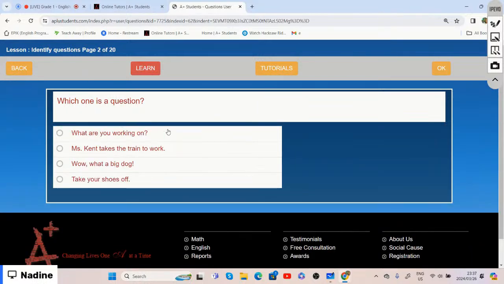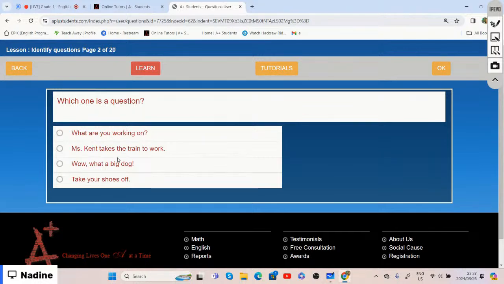All right, we now need to say which one is a question. Yes, so well done, Xavier. That is correct, When did Tess go to Boston? Now we're going to the next one. The first one says, what are you working on? The second one says, Miss Kent takes the train to work.